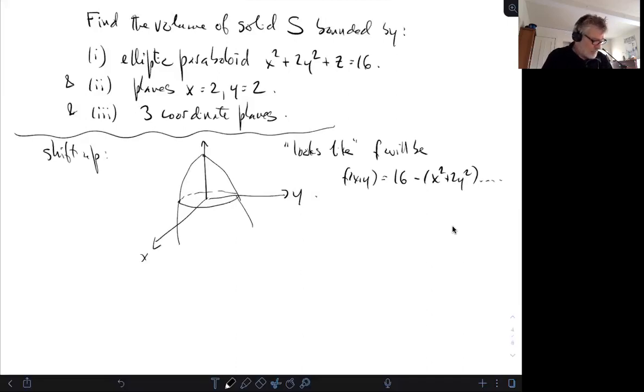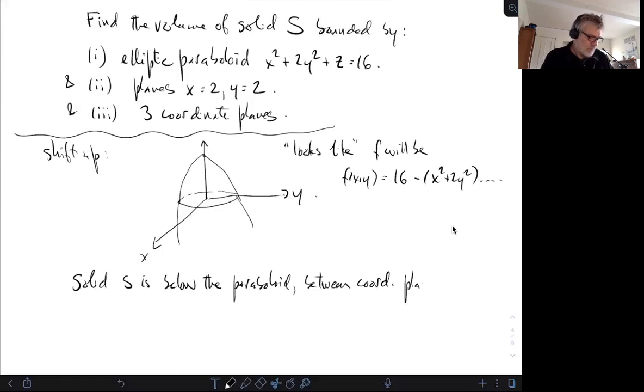So the solid S is below the paraboloid and between the coordinate planes, somewhere over this part, under this curved surface.